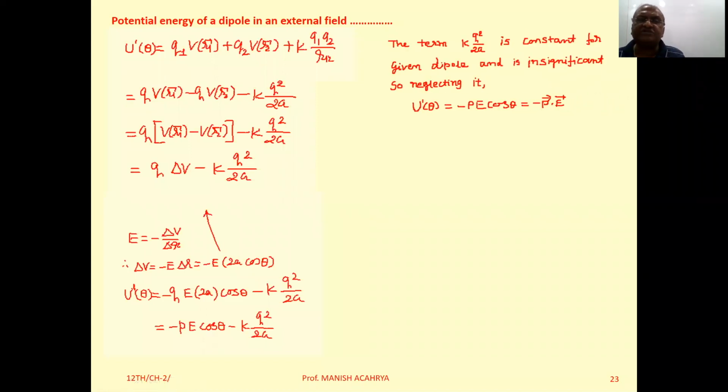But see here, for any position of the dipole, this term KQ square upon 2a is constant, and therefore that particular term is insignificant. So if we neglect it, again we get the same equation for the potential energy, that is minus PE cos theta, or we can write minus P dot E. Clear?